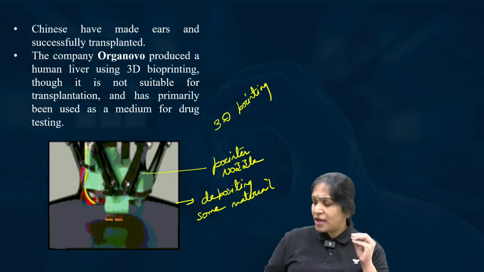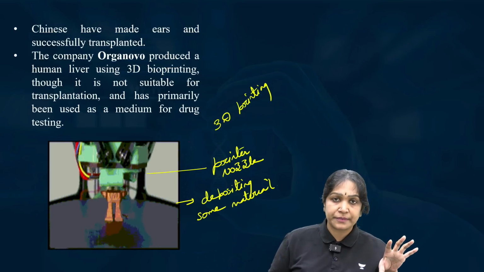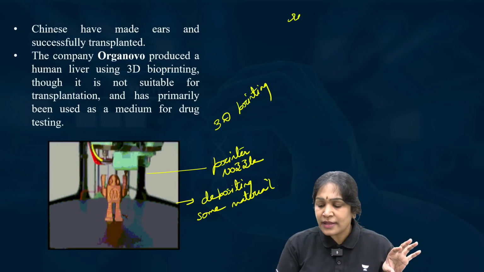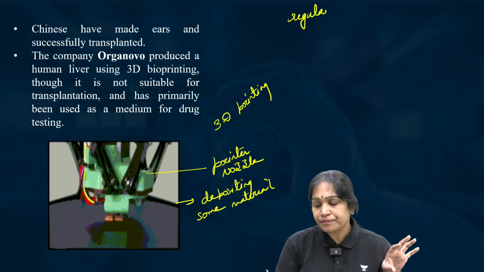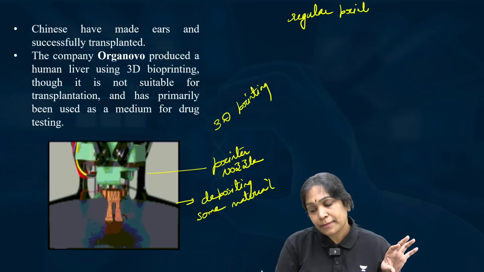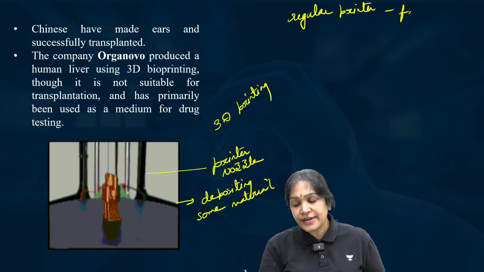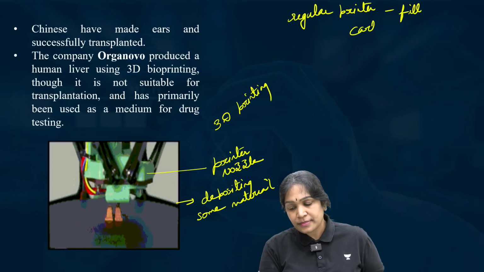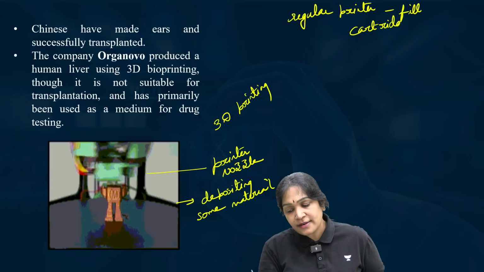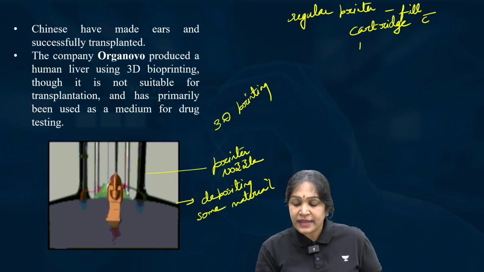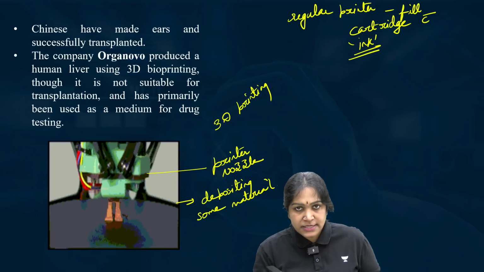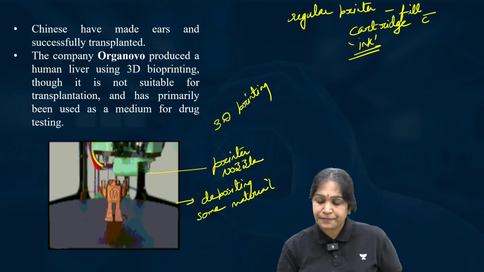For example, you have a normal office printer. In a regular printer, we fill the cartridge with ink, isn't it? We fill the cartridge with ink.